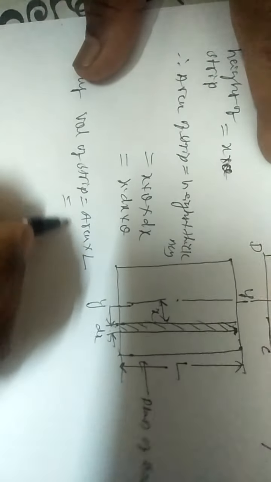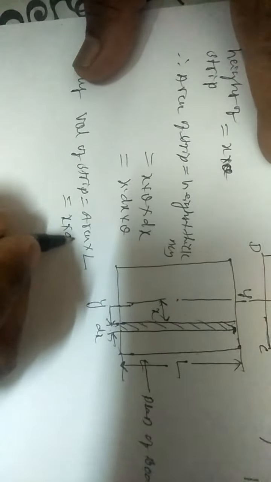That is why we get x dx theta L, the total volume of the strip. Then we find the weight of the strip. Weight of strip equals specific weight into volume, that is rho g into x dx theta L.